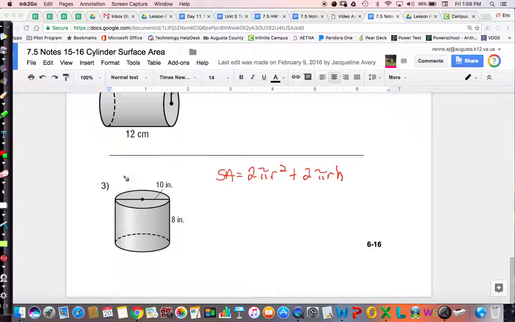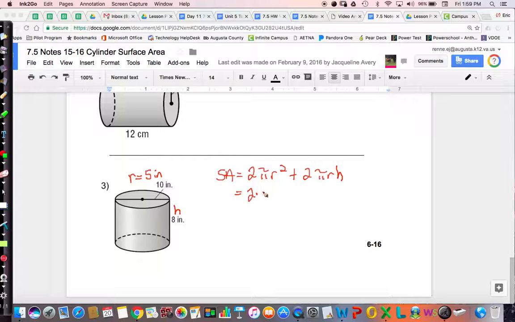So what is half of 10? Hopefully you said 5. So the radius is 5 inches, write that down. The height is from the top of the circle to the bottom, so I'm going to put an H next to the 8. And I'm going to plug in the numbers.